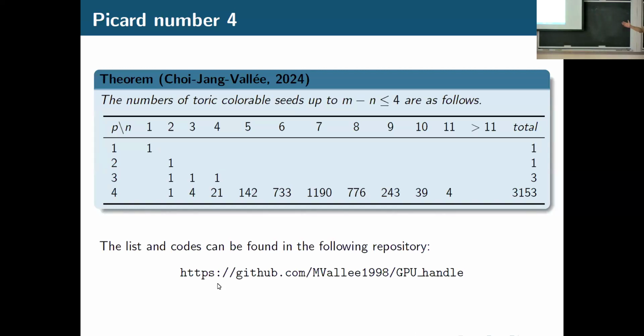It means that the PS pairs of Picard number 4 which are toric Fano can be obtained from one of them by a sequence of wedge operations or K-object construction. So the characterization of PS pairs of Picard number 4 is done.